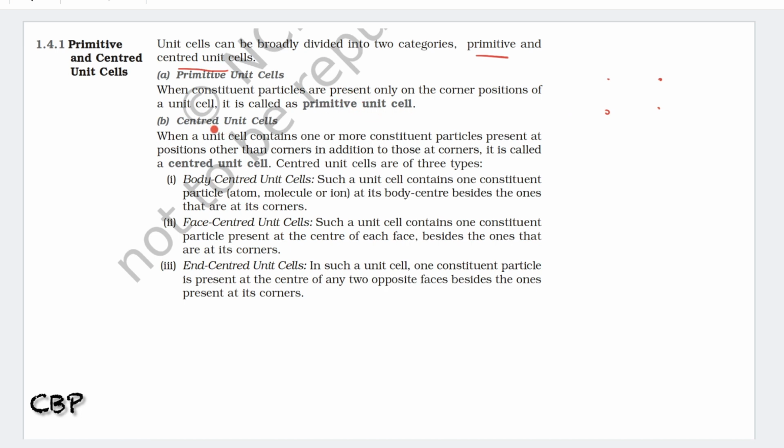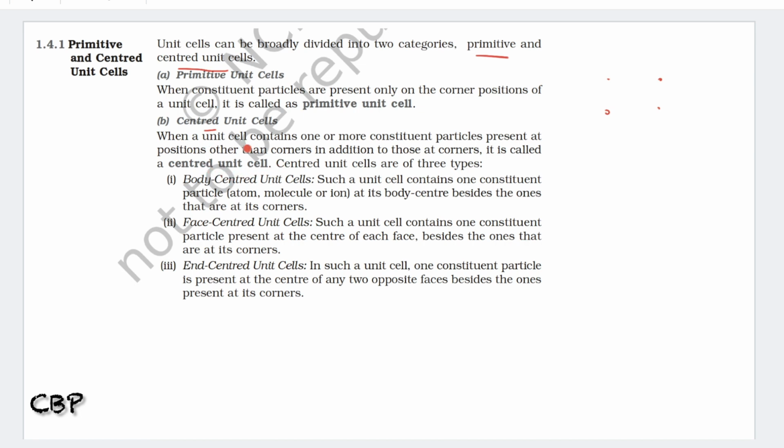And second one is centered unit cell. Now in this, when a unit cell contains one or more constituent particles present at positions other than corners in addition to those at corners, it is called a centered unit cell.